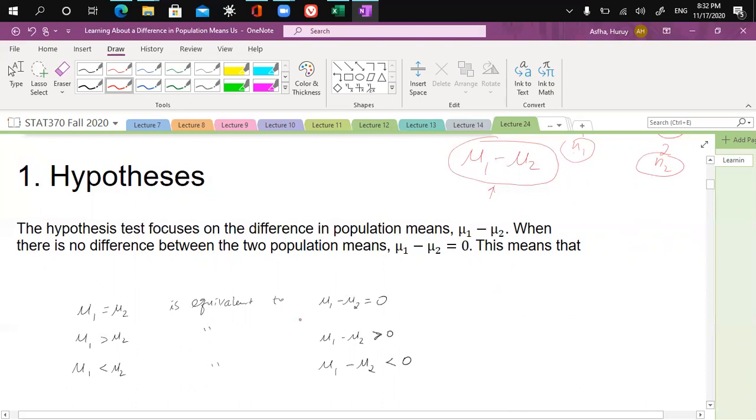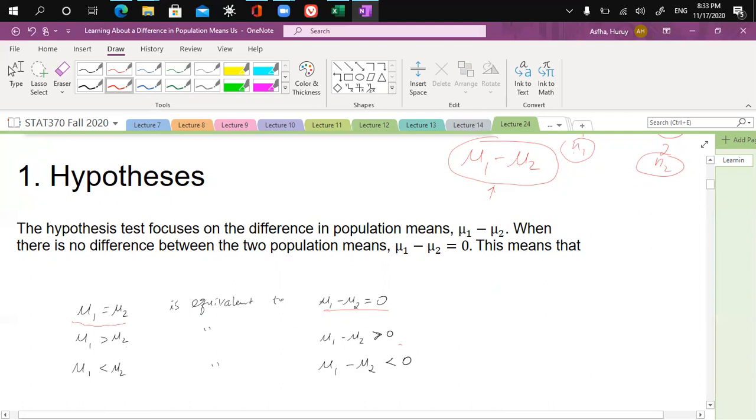Mu1 equals mu2 is the same as mu1 minus mu2 equals 0. We know this from algebra: if we take this to the left side, then we get this. Similarly, mu1 greater than mu2 means mu1 minus mu2 is positive, greater than 0. Mu1 less than mu2 means mu1 minus mu2 is negative.